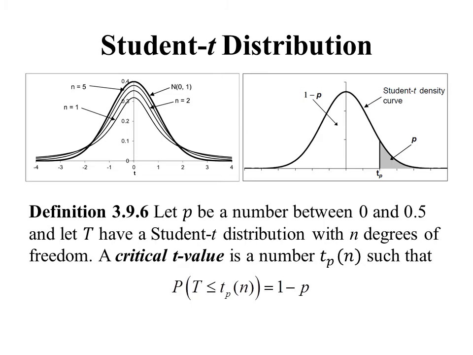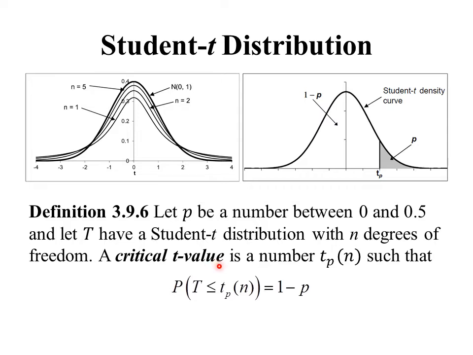Now, like with the normal distribution, in the student t distribution we define critical values. And the definition here is almost identical to that for a critical z value. So we start off with p as a number between 0 and 1/2, and let capital T have a student t distribution with n degrees of freedom.